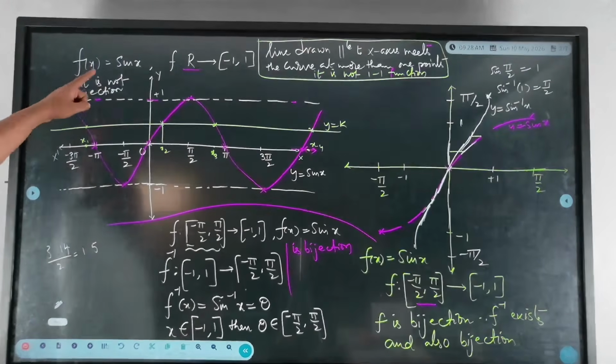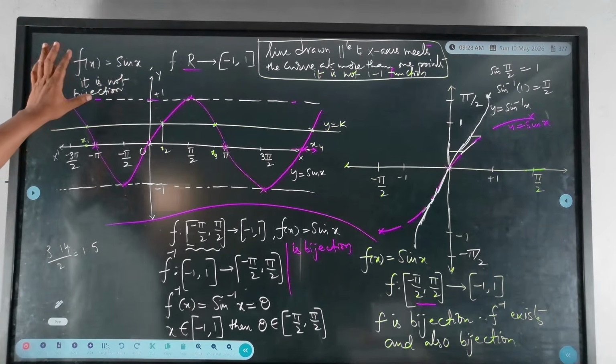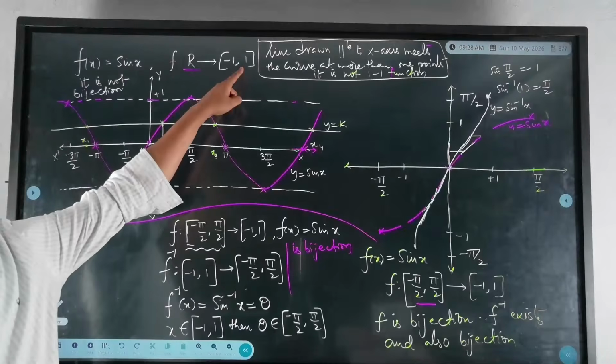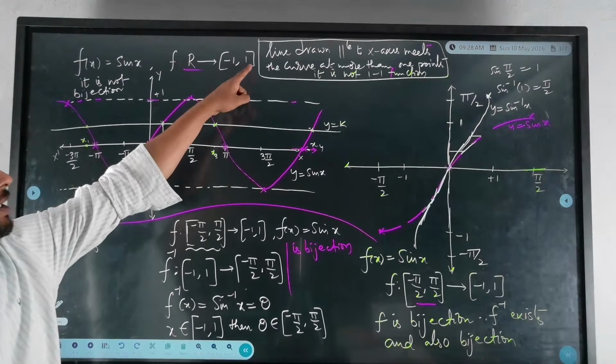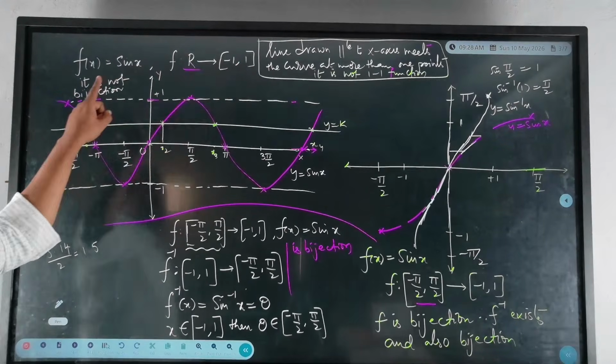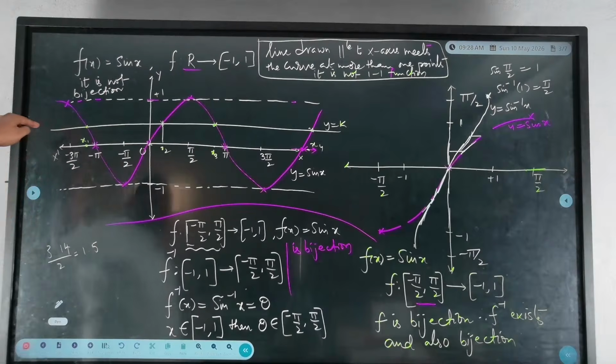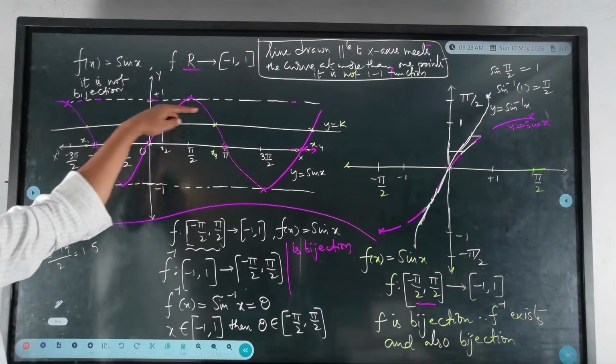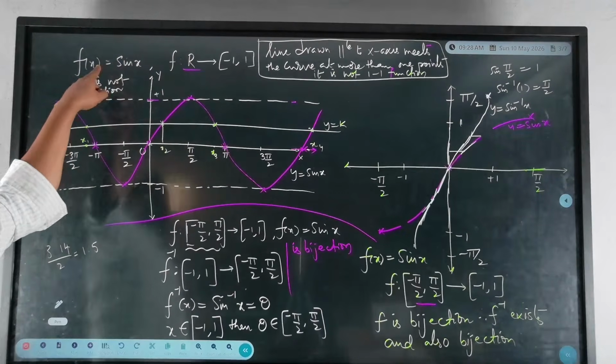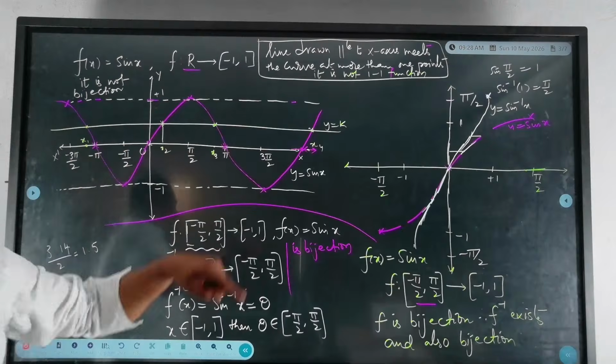So if you take a sine function, sine domain R, range minus 1 to 1. In this domain, this is not bijection because the line drawn parallel to x-axis meets the graph y is equal to sin x at more than one point.